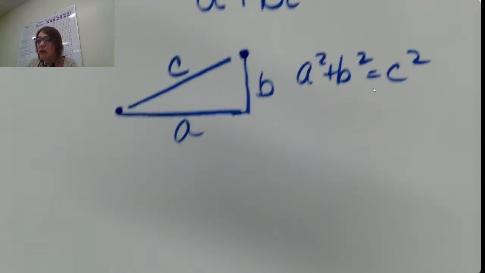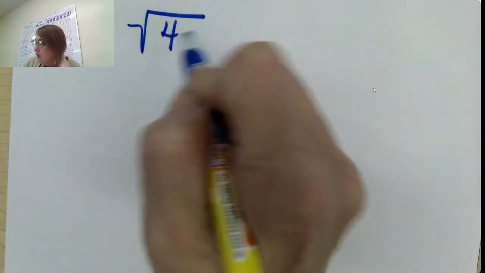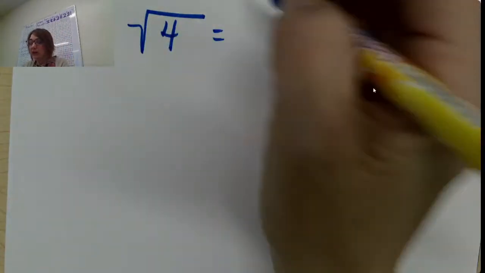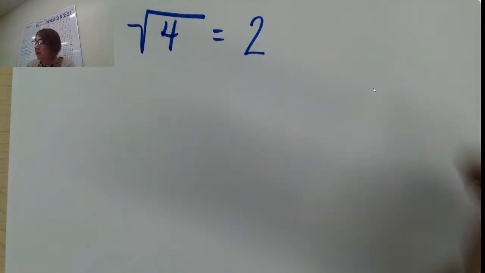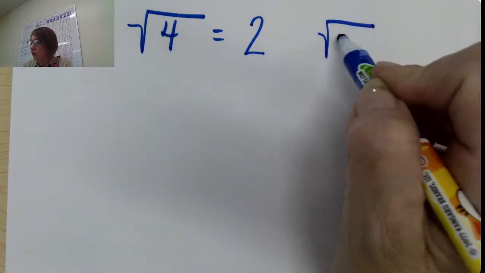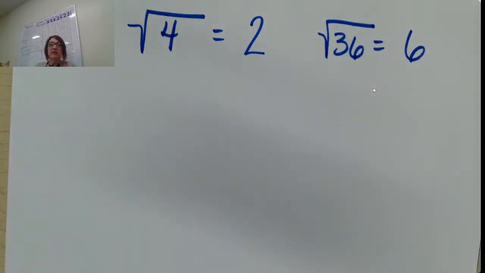Well, so mathematicians are using the Pythagorean theorem and other math things, and they're taking square roots of numbers, and so they get like the square root of 4 is 2, right? And they get like the square root of 36 is 6, and various things, because we know that square root means what number times itself makes that number, right?